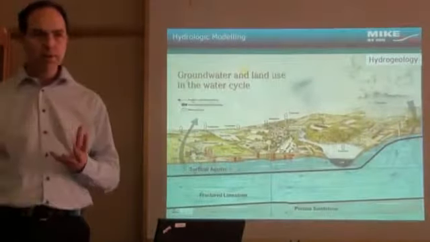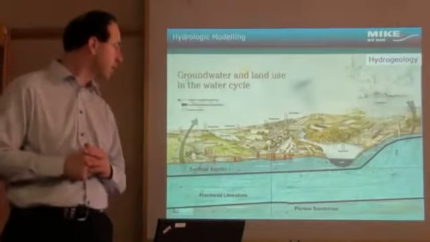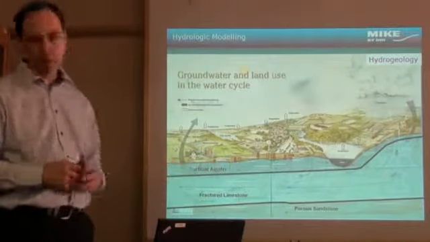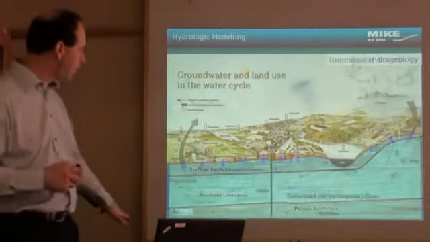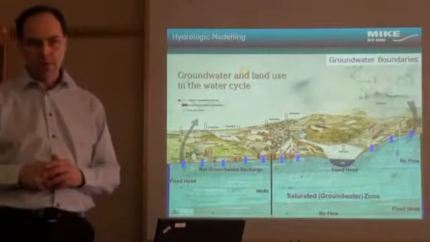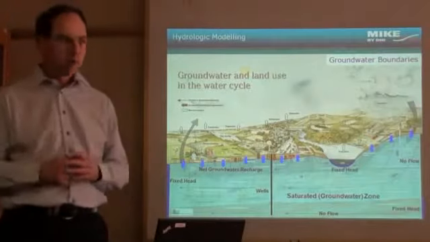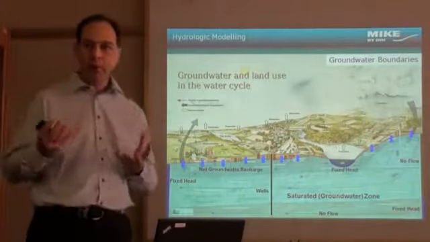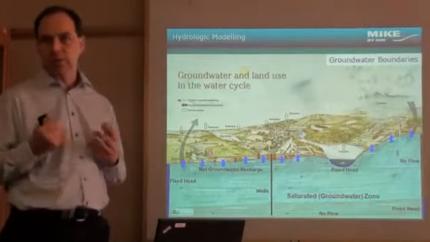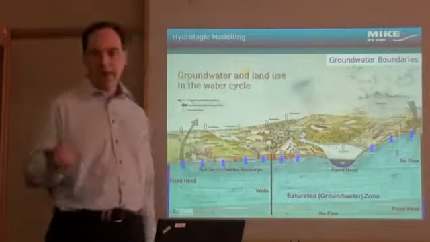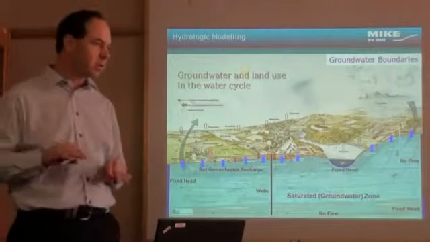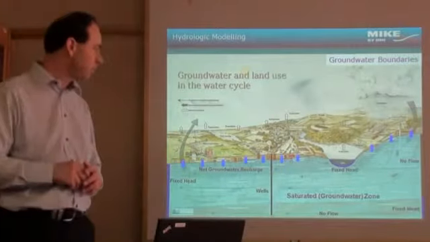Now, if we actually want to build a model of a system like this, we can start with the groundwater system, and we can build up the hydrogeology, and we can define some sort of boundary conditions for that groundwater model. But the primary boundary condition for the groundwater model is groundwater recharge. We have to define how much water is entering the groundwater system at the groundwater table.